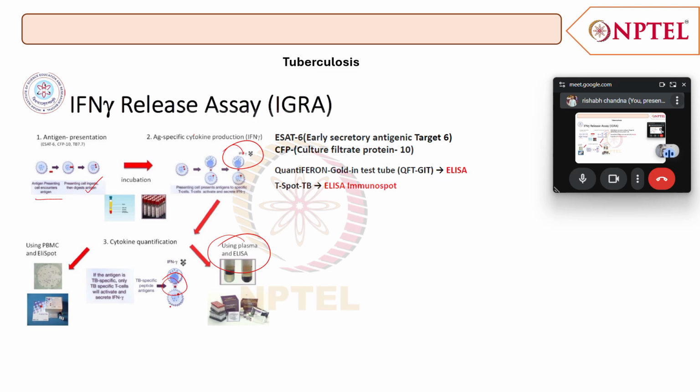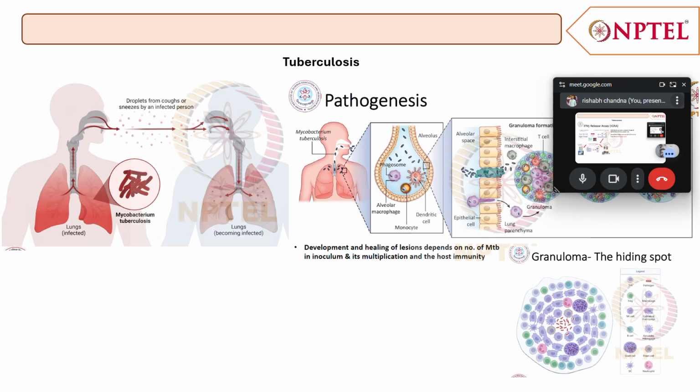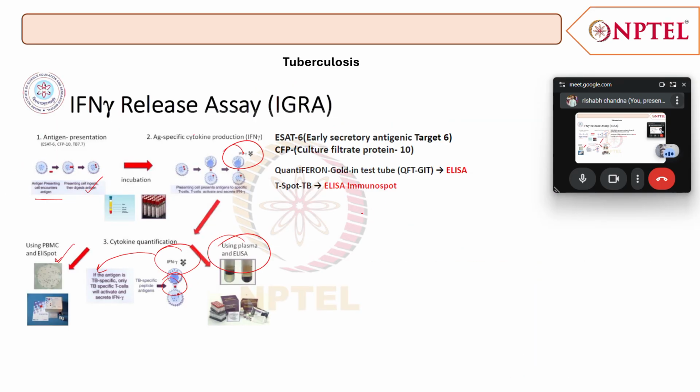So this is the main principle, and after that the released IFN gamma can be checked through an ELISpot assay. The T-SPOT.TB, that is the enzyme-linked immunospot, detects the level of infection that the person holds. For example, here we have a T cell.